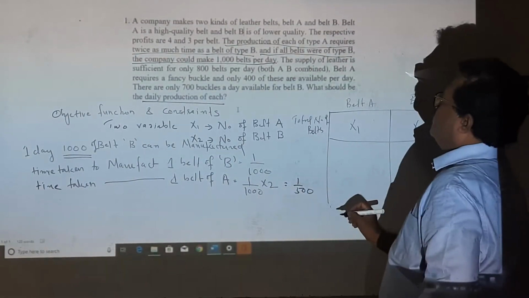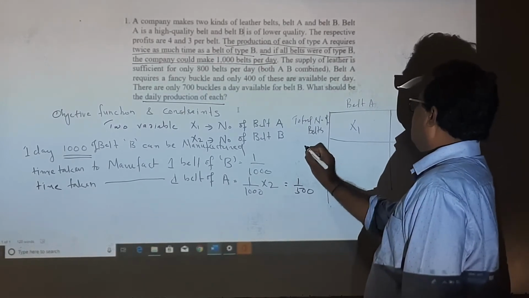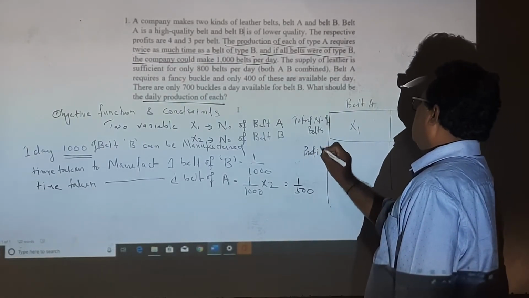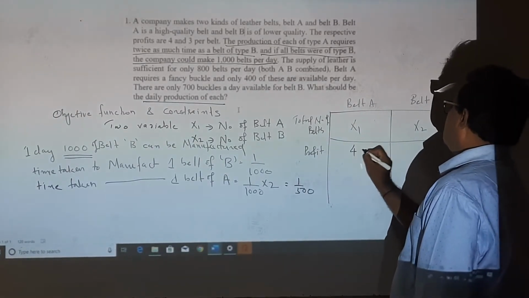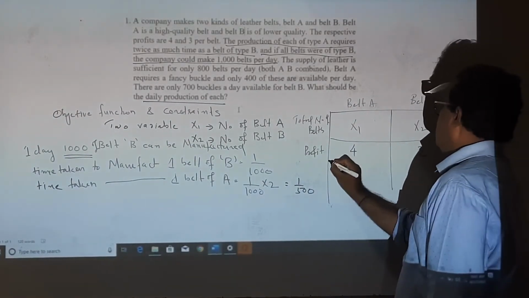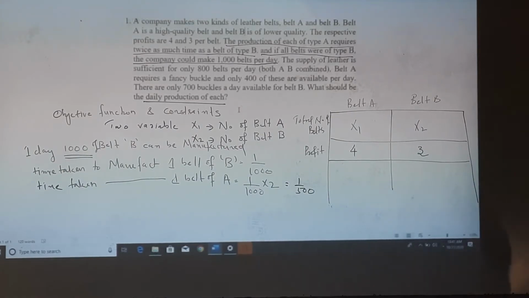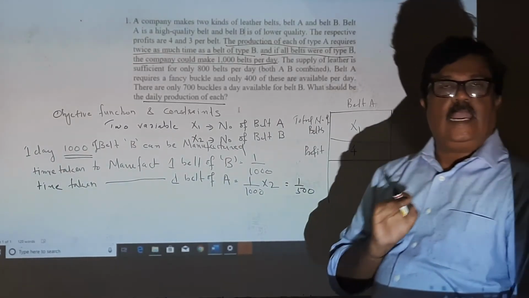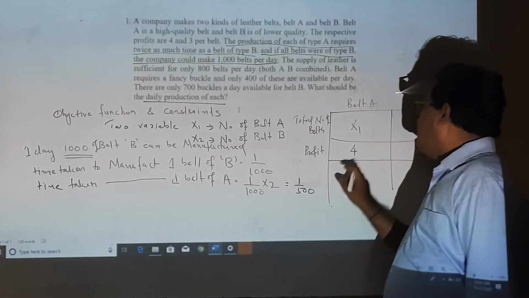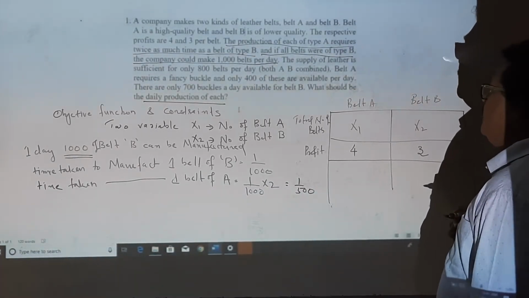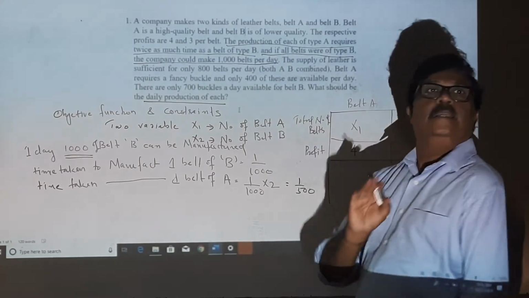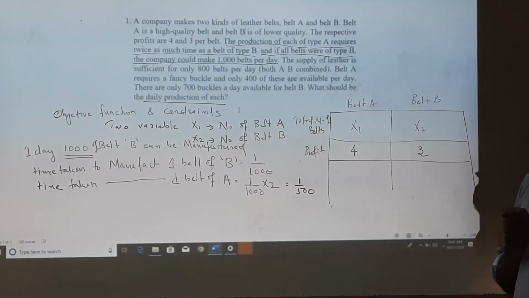Next, the profit given is 4 rupees and 3 rupees respectively. Per belt there is 4 and 3 respectively, because belt A is of higher quality. Next part is the time availability, the time constraint.